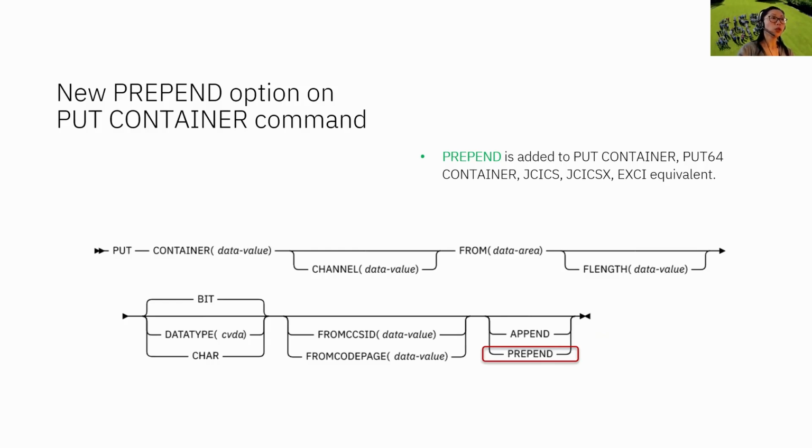But you can use prepend now to insert the data at the start of this container. And this option is available across all the languages we support, whether it's C, COBOL, PL/I, Java, and EXCI, you can all use this new option.